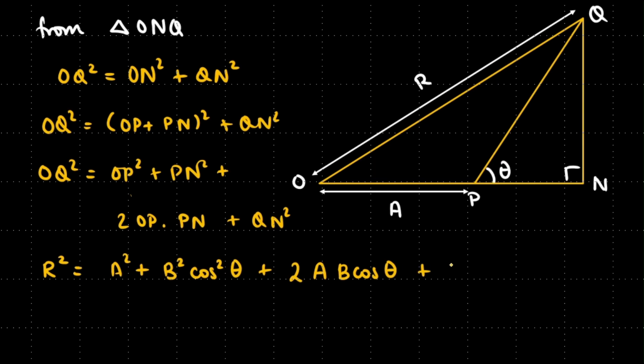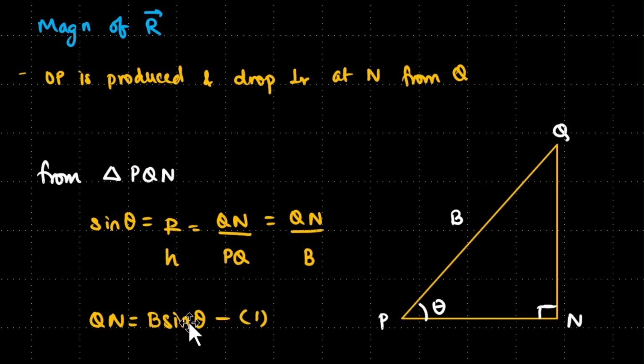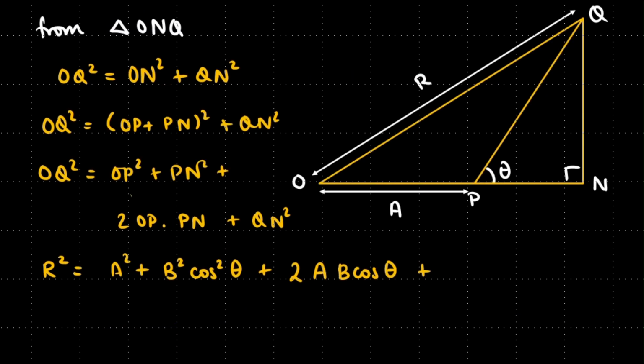QN. Do we know QN? We also know QN, which is B sine theta. So QN squared is B squared sine squared theta.